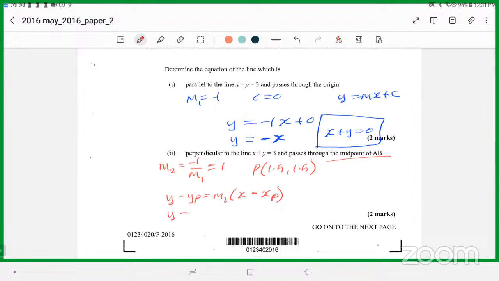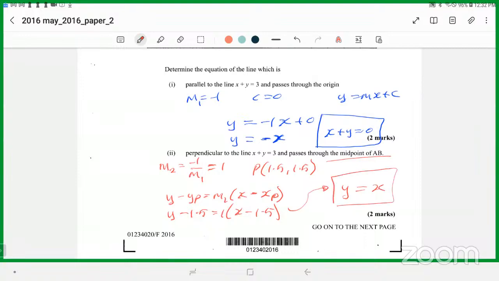So y minus 1.5 equals the gradient of 1 times x minus 1.5, because this xp value is 1.5. You will see that the 1.5 cancels the 1.5, and you're left with y equals x in the end anyway. But I don't like to work out questions that don't need any work. So you're going to get y equals x anyway as the answer.